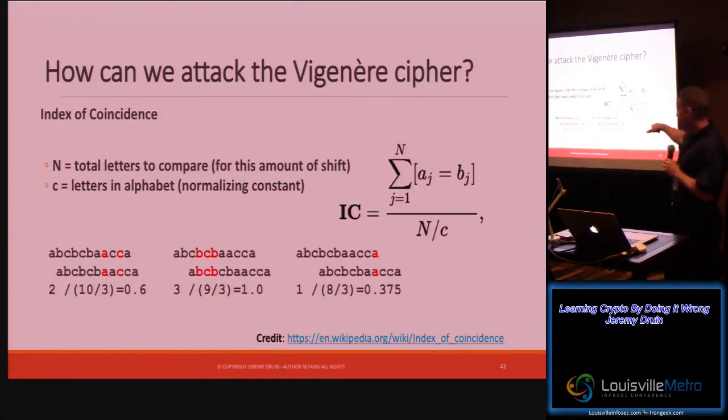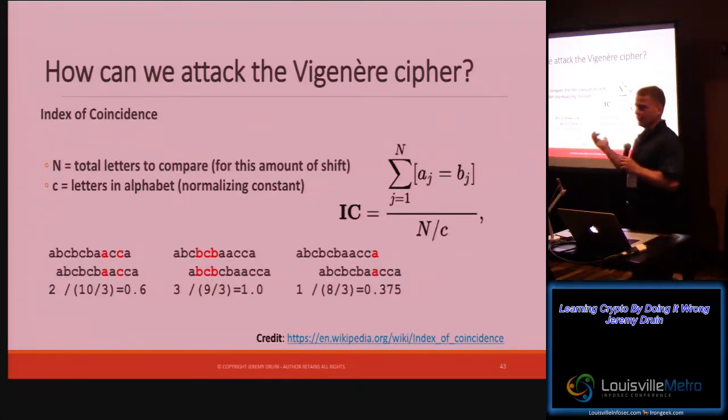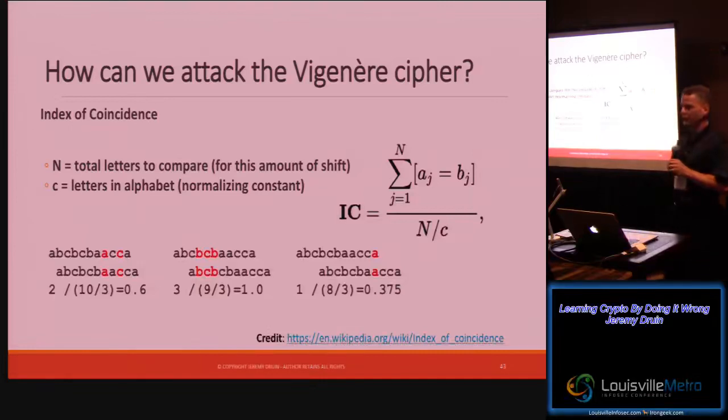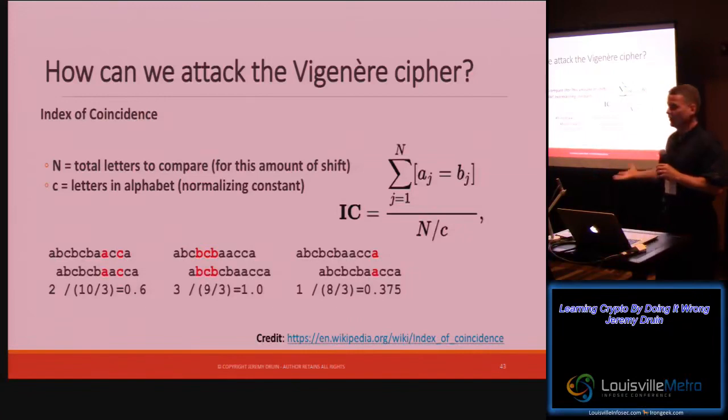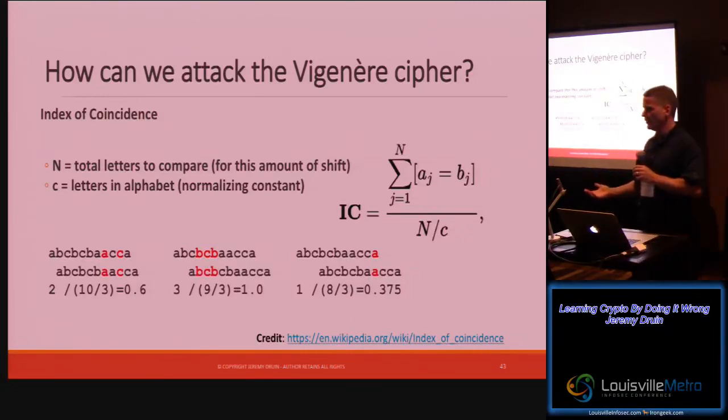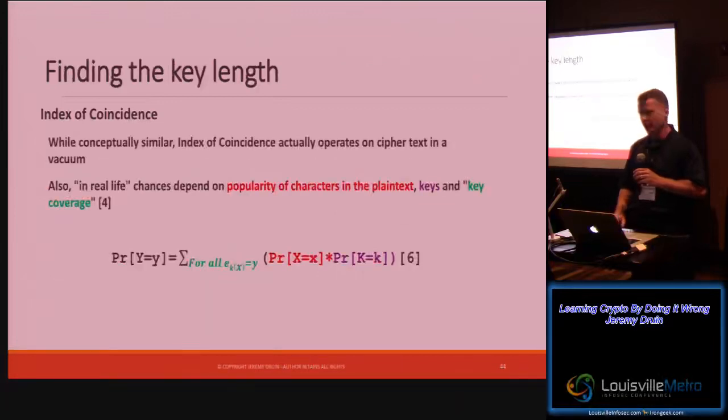The reason it's 10, 9, 8 is, remember, every time you shift over, you're losing a comparison, because you're dropping the first letter off. So we would definitely say in this case the key length must be 3 characters, because how else would we have gotten so many more doubles than we expected to get based on the other two samples?